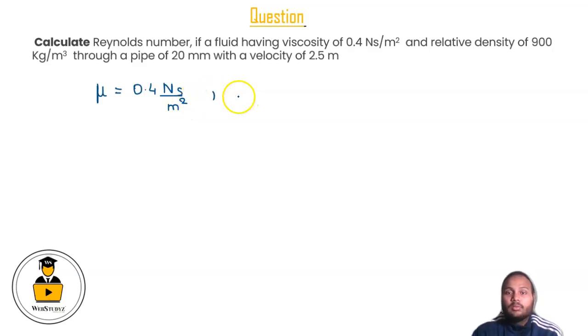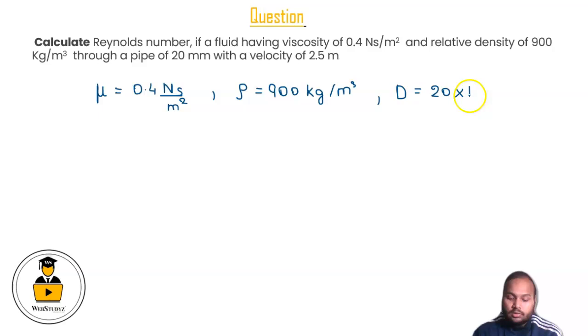We have been given the density of the fluid, that is 900 kg per meter cube. And the diameter D is 20 mm. If we multiply this by 10 to the power minus 3, we will get it in meters.